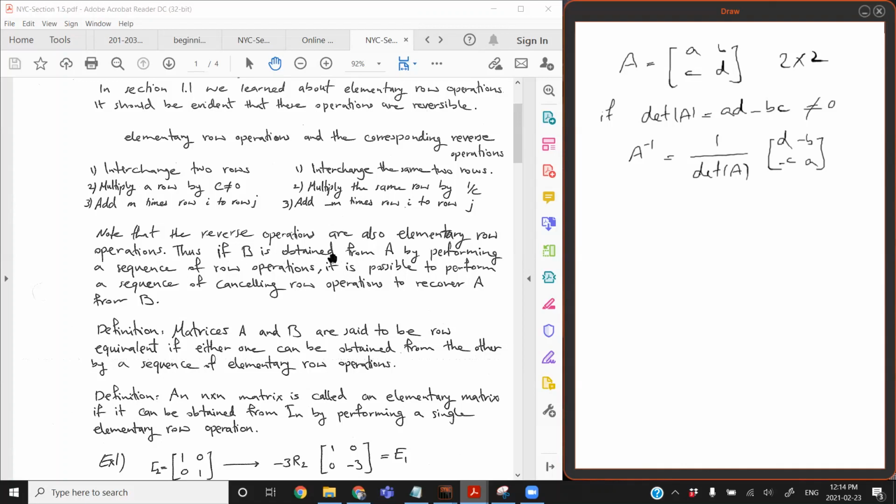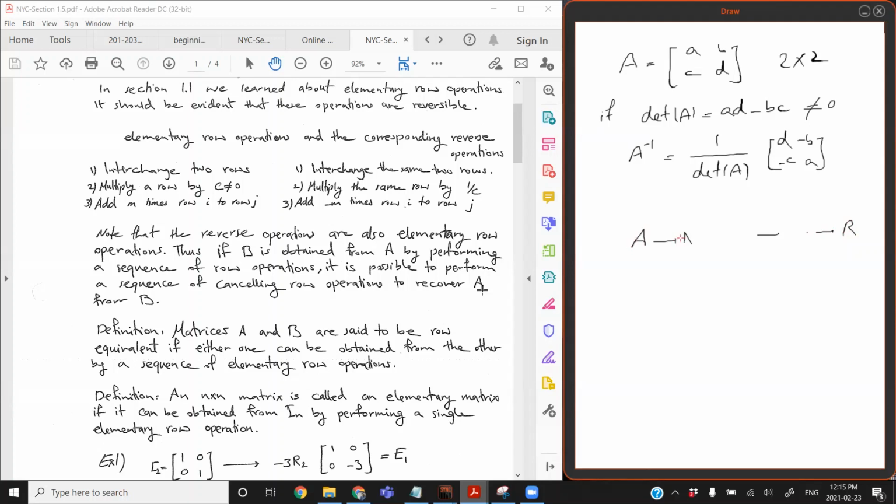So if B is obtained from A by performing a sequence of row operations, it is possible to perform a sequence of canceling row operations to recover A from B. So imagine you perform a row operation, you go from A to B, you perform another row operation, you go from B to C, you perform another row operation, and let's say eventually you arrive at the row echelon form.